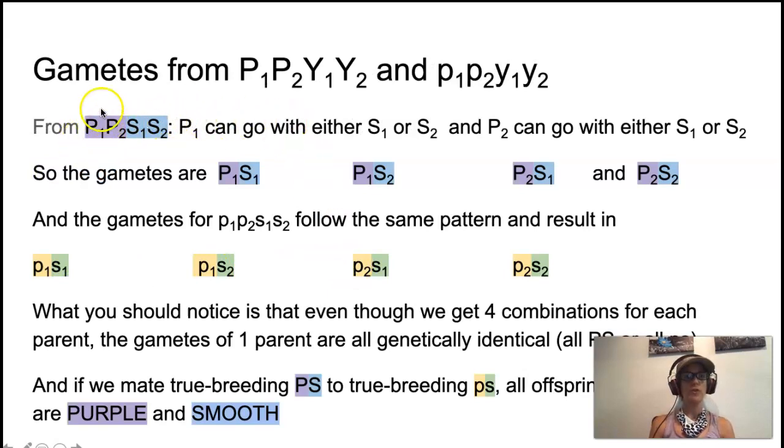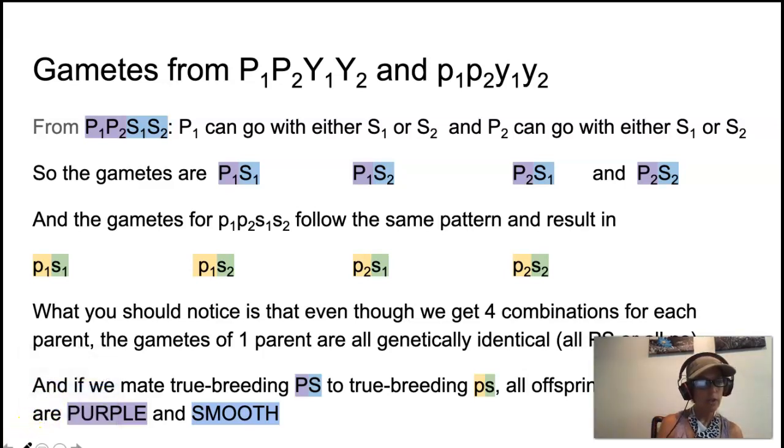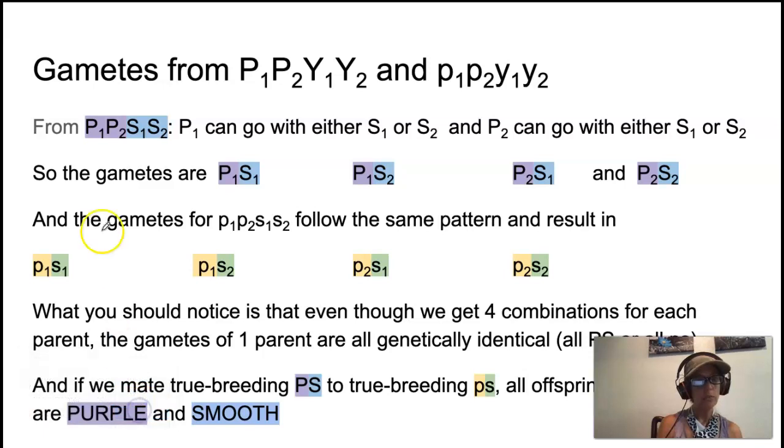So the first P could end up in a gamete with the first S, or the first P could end up with the second S. Let's see if I can manage to draw this with the pen and do a pen color. Let's do something that's a little different.